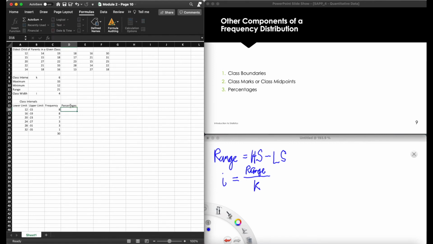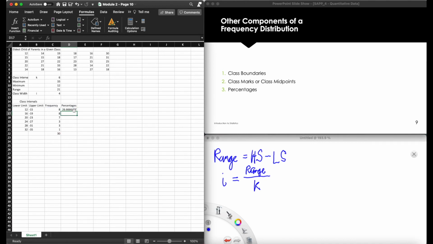Percentages. How can we get the percentage? Equals, we did this in the previous video, 8 divided by 30. And we want this 30 to be not moving, so we'll put the dollar sign there for the rows and the columns to be locked. Then we'll put percent.